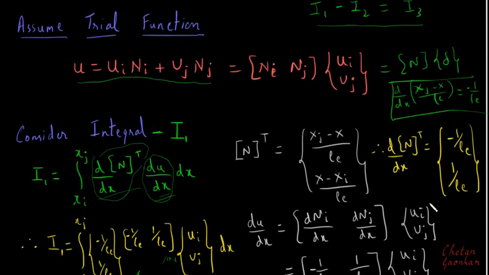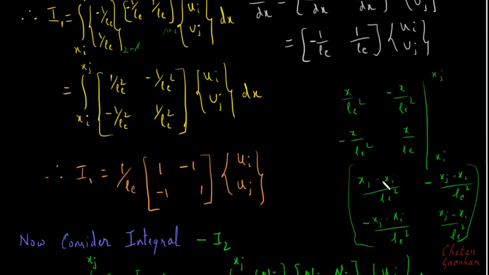Fine. So if I substitute that le here, the le length of the element and this one will cancel, and finally I'll get it as 1 by le. This will be minus 1 by le, this will be again minus 1 by le, and then this will be 1 by le. So if I take this 1 by le out, finally I will get this I1 as this term. Now let us consider the second.